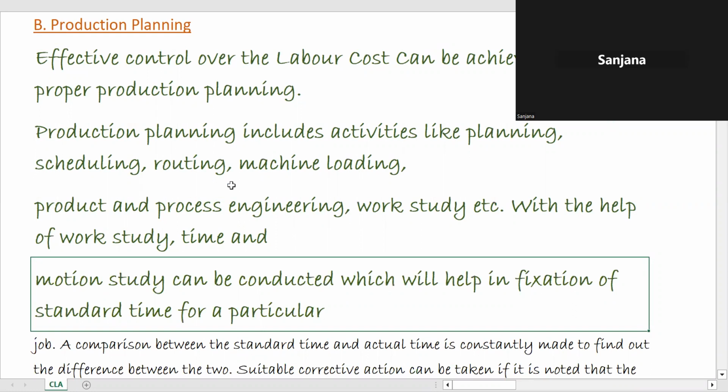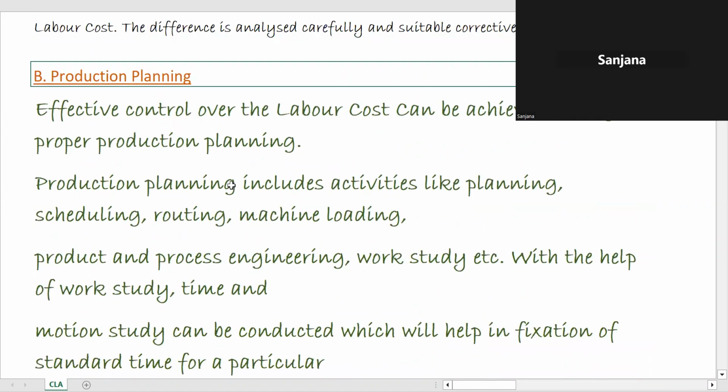If the way we are doing it currently lets us produce 8 units per day, and if the method changes, then probably we can do 10 or 12 units per day. It studies which is the best way of doing it.